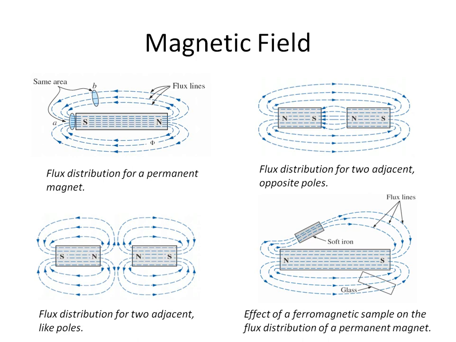In the bottom right, we can see that a piece of soft iron has the ability to channel the lines of flux through it and alter the position of the lines of flux.